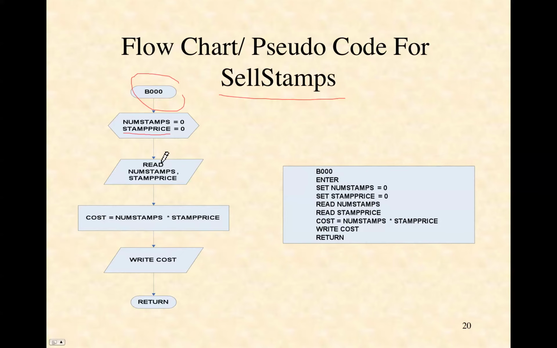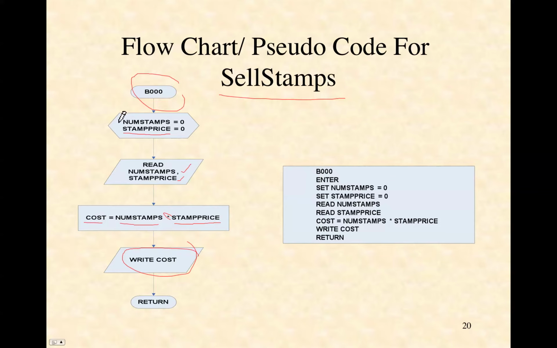Then we prompt the user to enter the number of stamps they want to buy and the face value of the stamp they are going to buy. Then cost will simply be numStamps multiplied by the face value in cents of each stamp, and then we'll simply print the cost for them. The module will not return a value because we are printing everything inside the module.